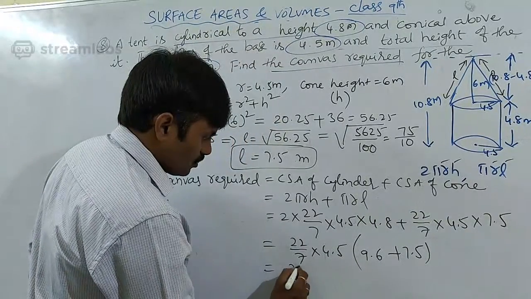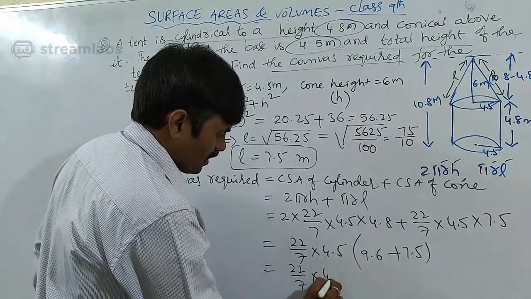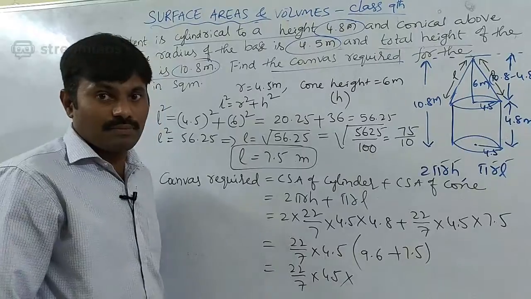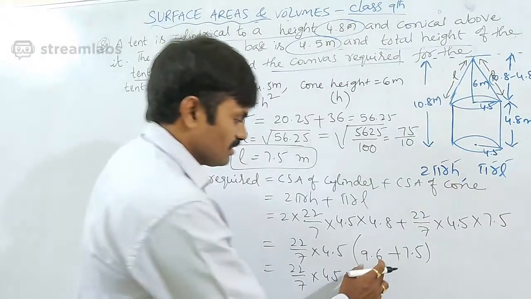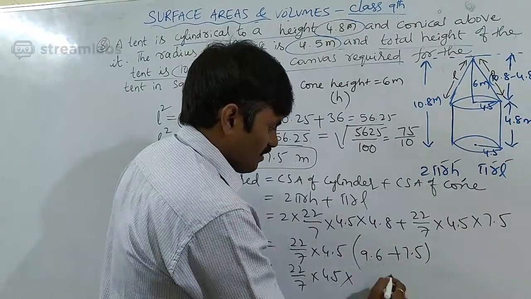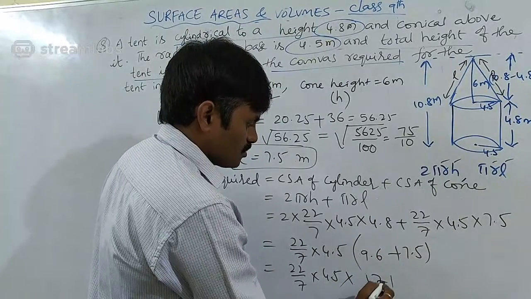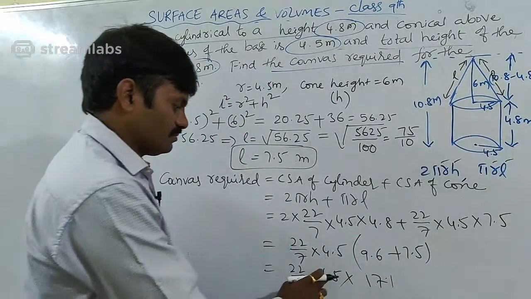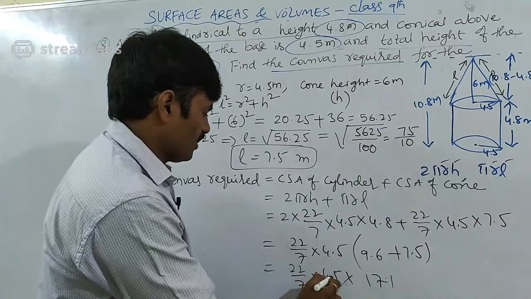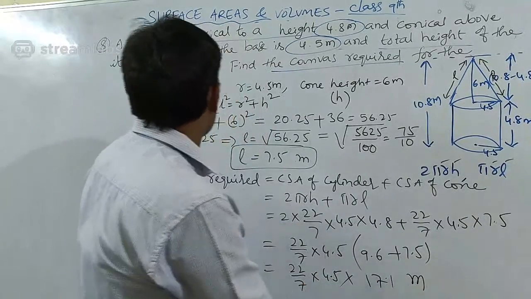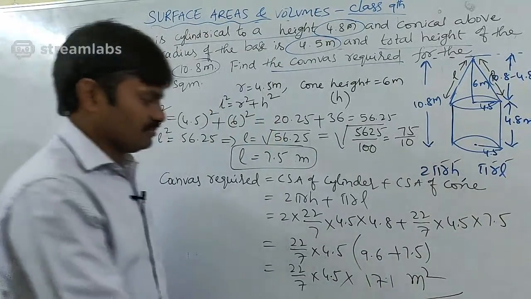Now simplify: 22 by 7 into 4.5 into 9.6 plus 7.5. 6 plus 5 is 11, 9 plus 7 is 16, plus 1 is 17, so 17.1. This answer is in meter square.